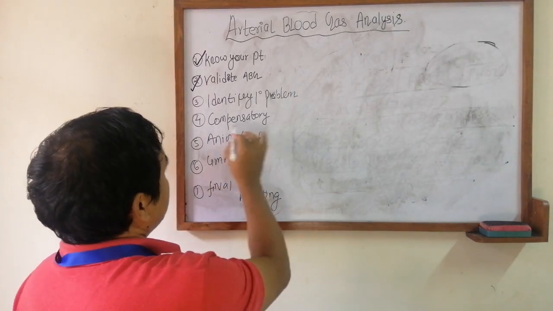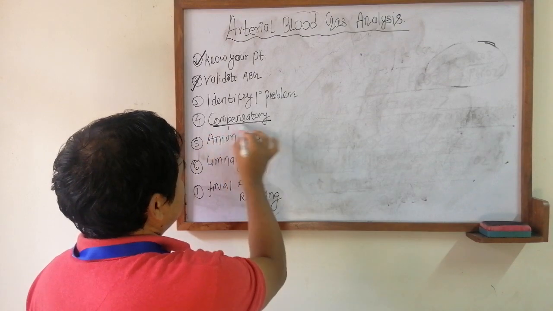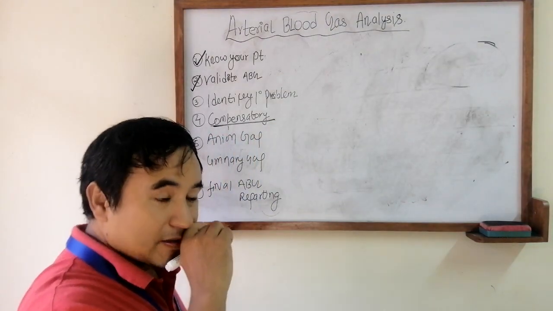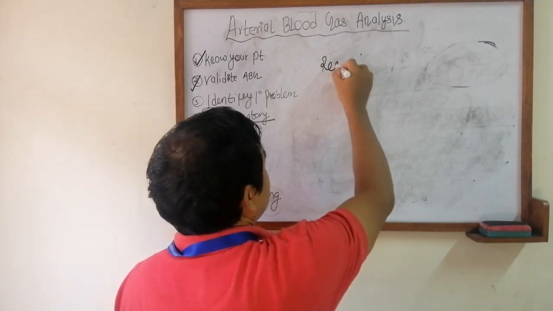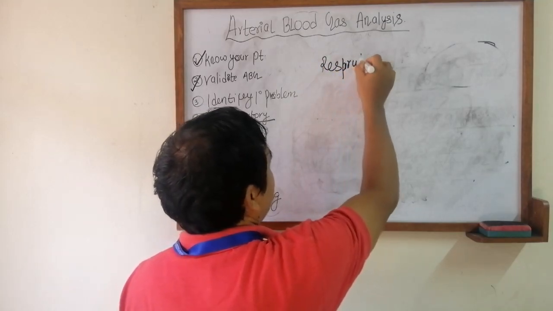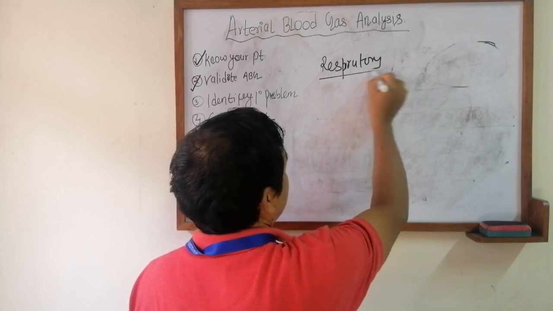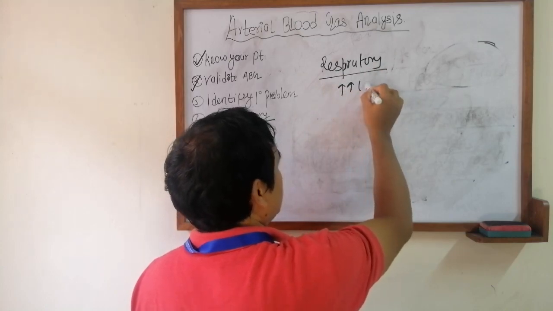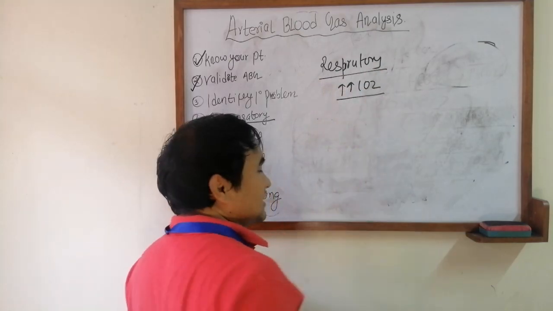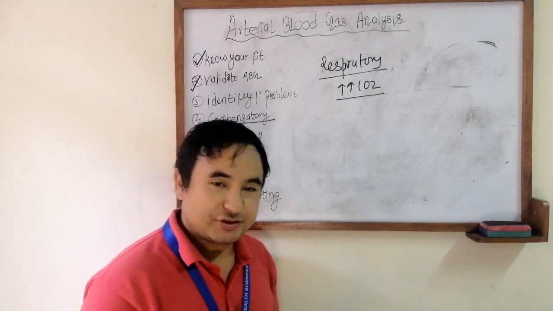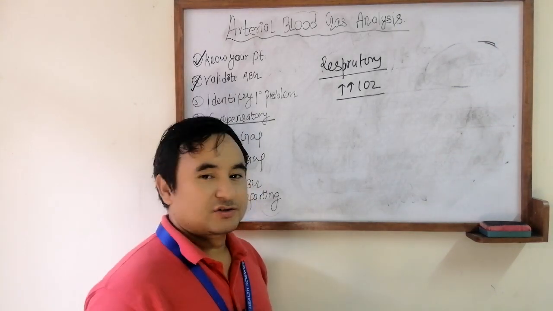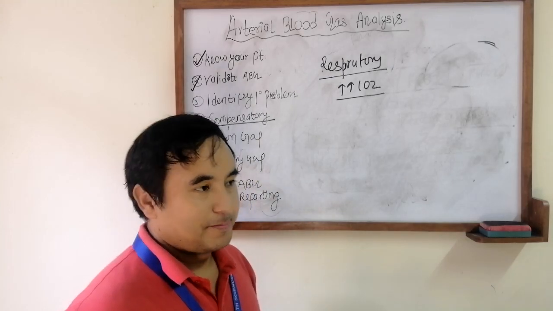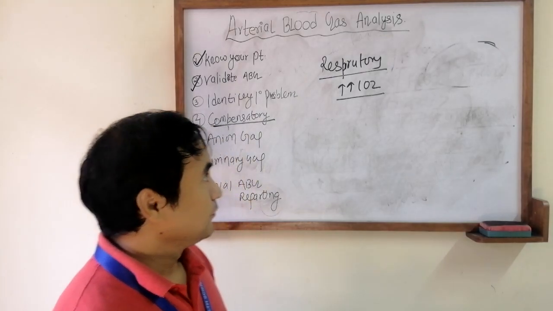Then for the compensatory state, in respiratory conditions like respiratory acidosis, there is increased level of CO2 and it is mostly because of hypoventilation of the alveoli. That occurs in case of COPD or different neuromuscular diseases or brainstem lesion.